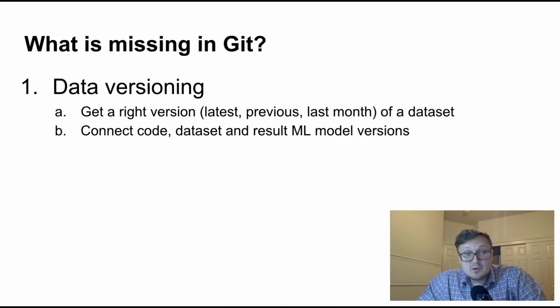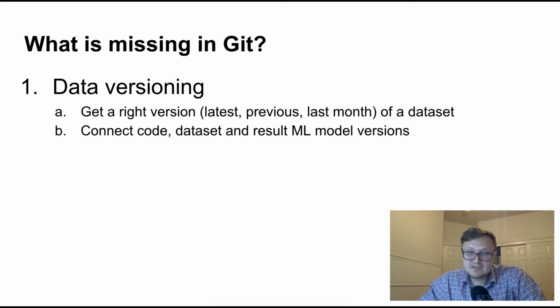So let's take a look at how the basic principles of DataOps are implemented. What we need to extend in the existing Git tool to make it DataOps compatible, if you wish. And first, of course, data versioning. Data versioning should help us to get back and forth between our versions of datasets or models, right?